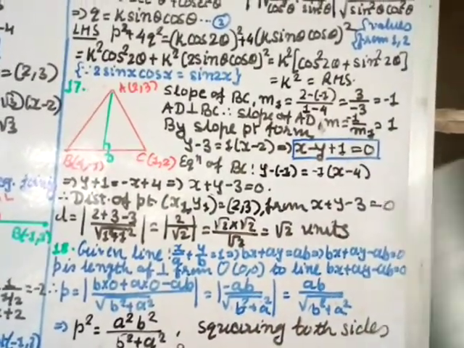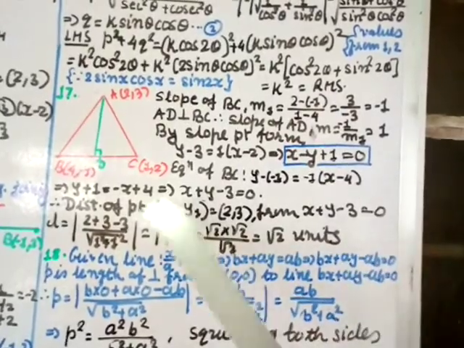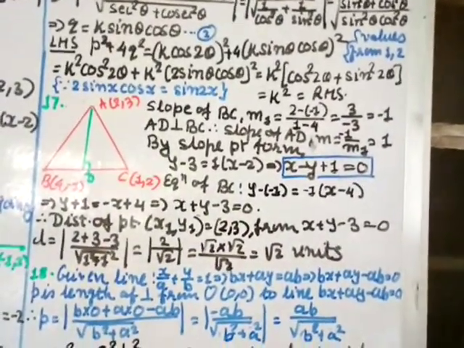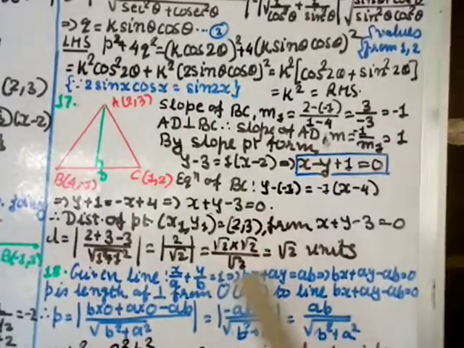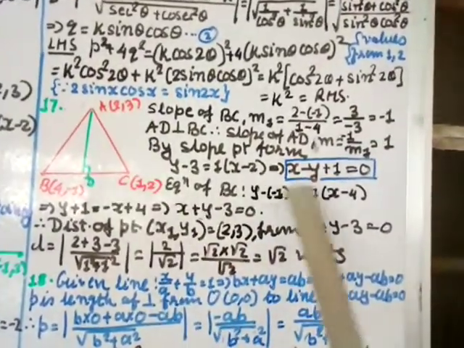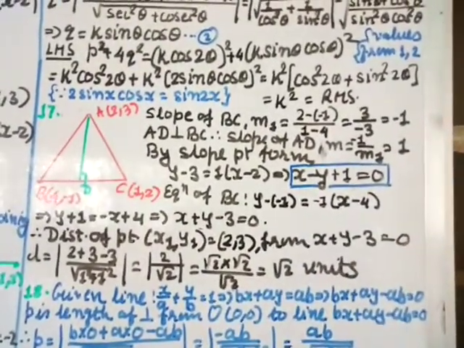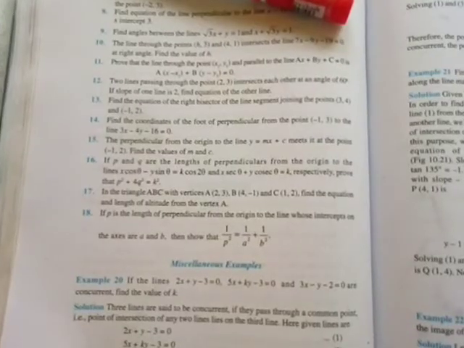So this is the length of the perpendicular, or here you can call it the altitude. The length of the altitude AD is root 2, and the equation of AD is x minus y plus 1 equal to 0. Question number 18.